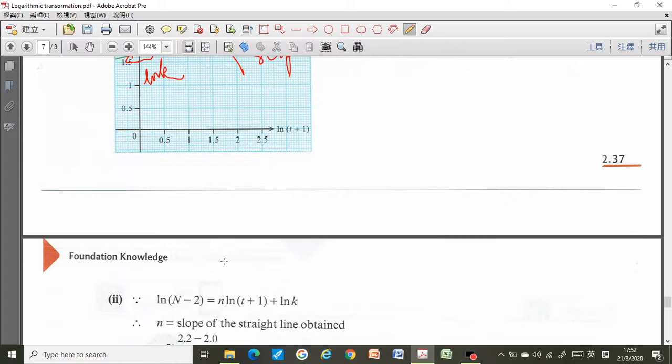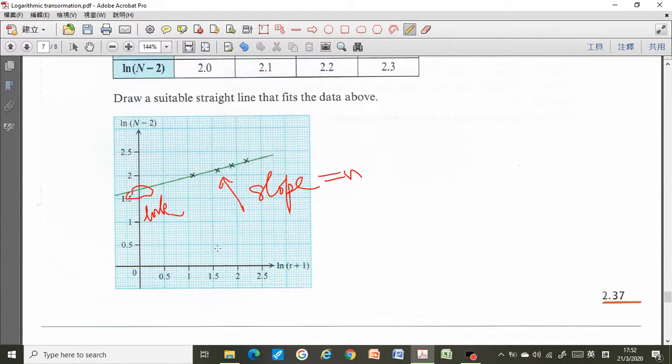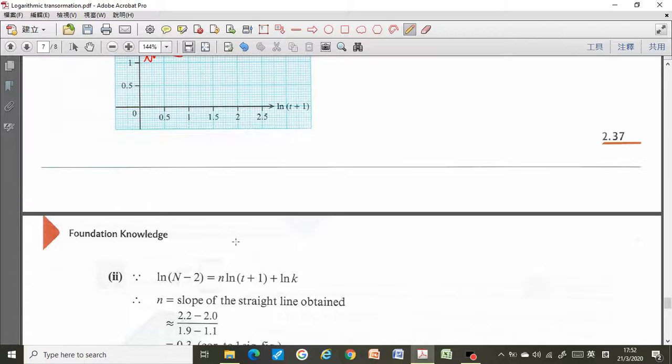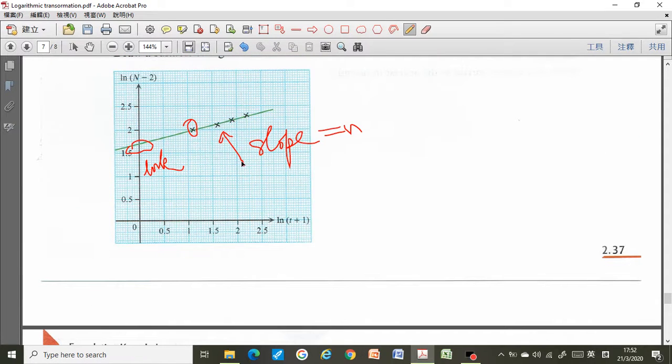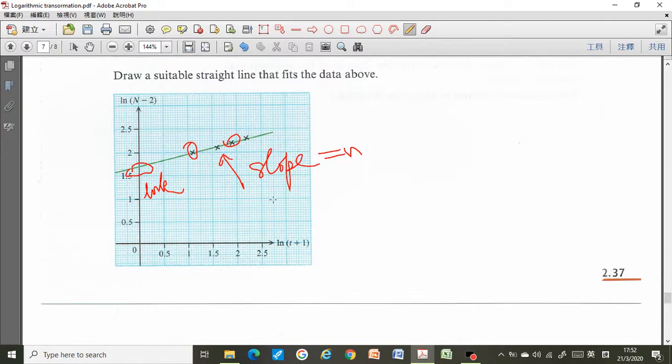One point is (1.1, 2.0), this point, and the second point you want to find is (1.9, 2.2). This point is not so fit, so we choose these 2 points. Or you can choose the first point and the last point, or even the third point and the fourth point.